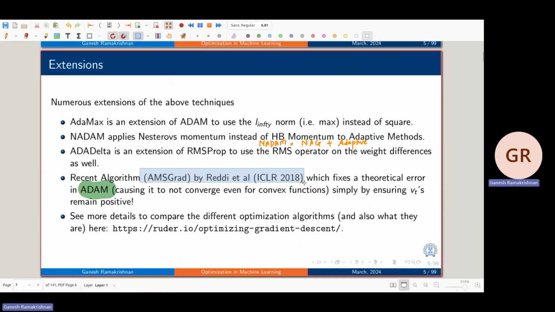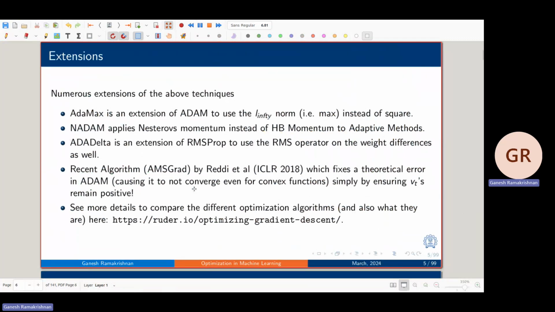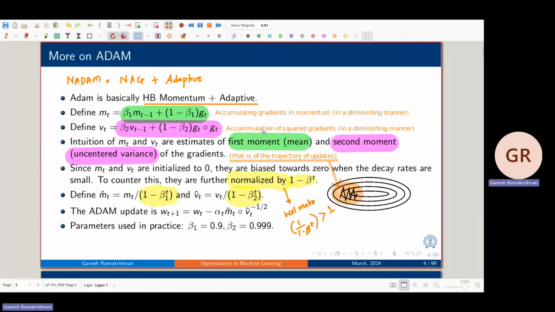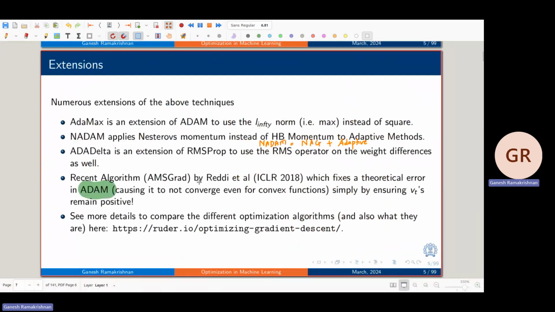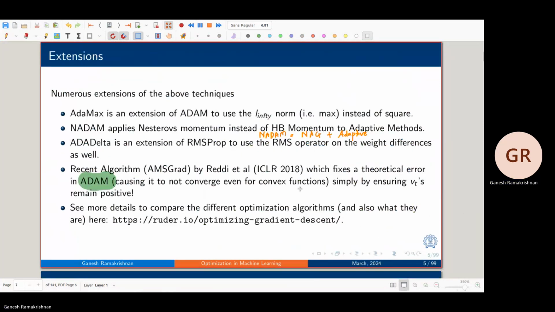So AMSGrad, what it does is basically ensure that the VTs, the accumulated, right? VT was accumulated squares of gradients. Now, obviously, you would expect it to be positive, right? VT, an accumulation of squares, should be positive, but thanks to some of these steps, it was actually turning out to be negative, the numerical errors.